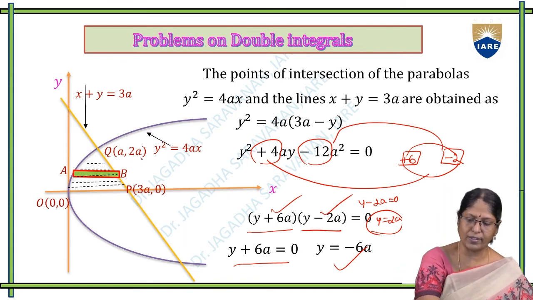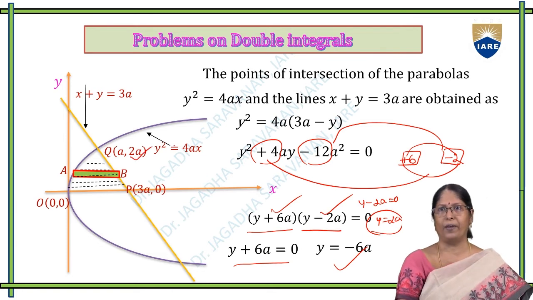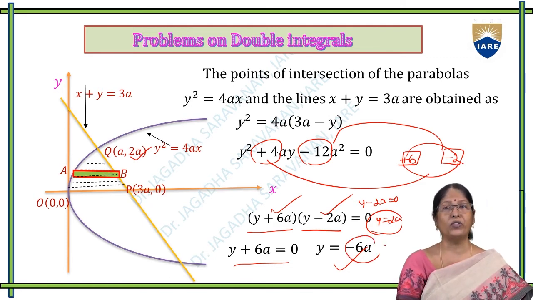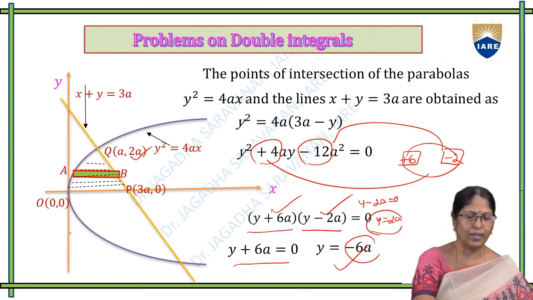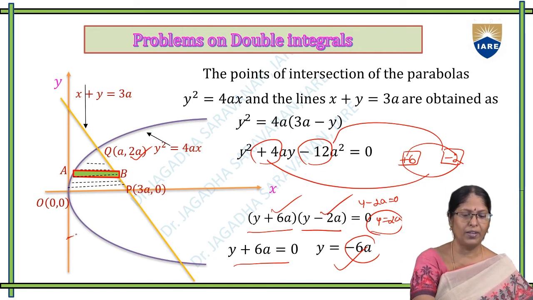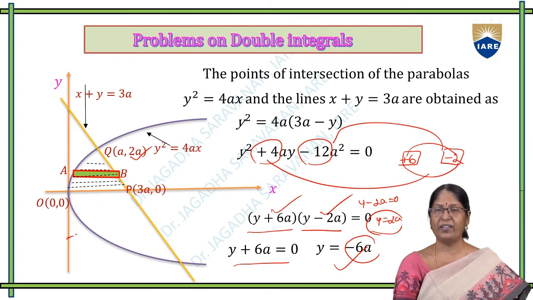But minus 6a we are going to neglect because it lies in the fourth quadrant, in the negative.